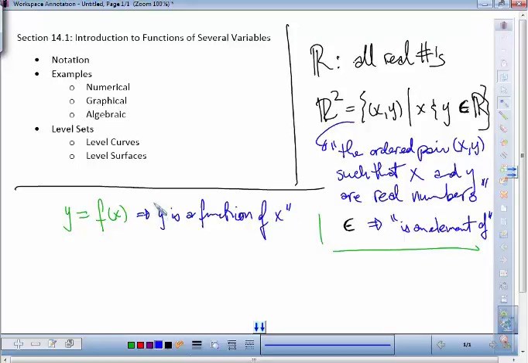And so in this statement, you can identify what the independent variable is and the dependent variable.